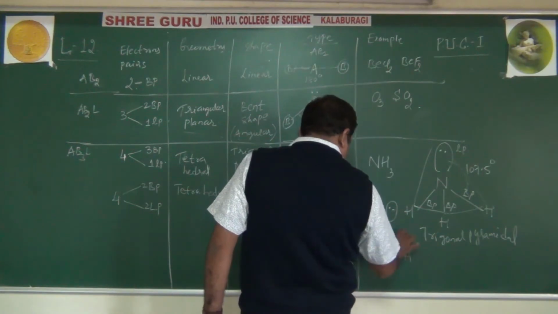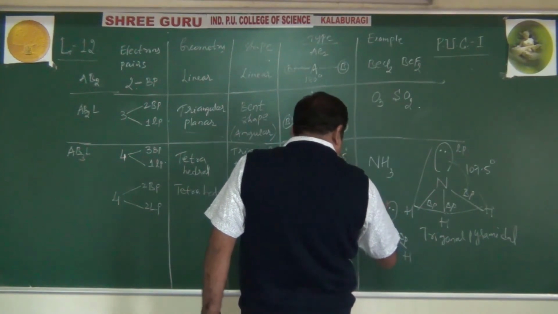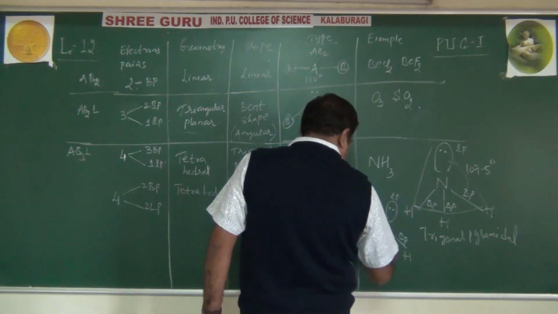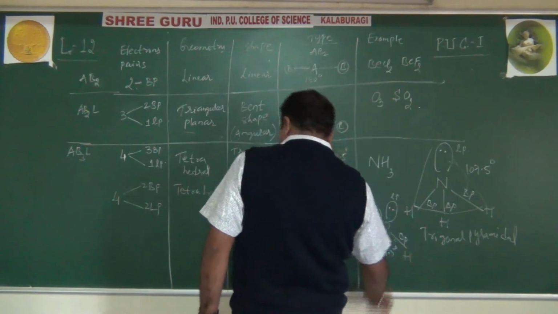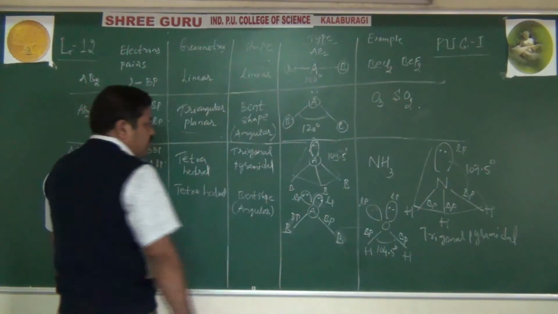Bonding pair, lone pair. So this bond angle is 104.5. Actually, what is the expected bond angle?